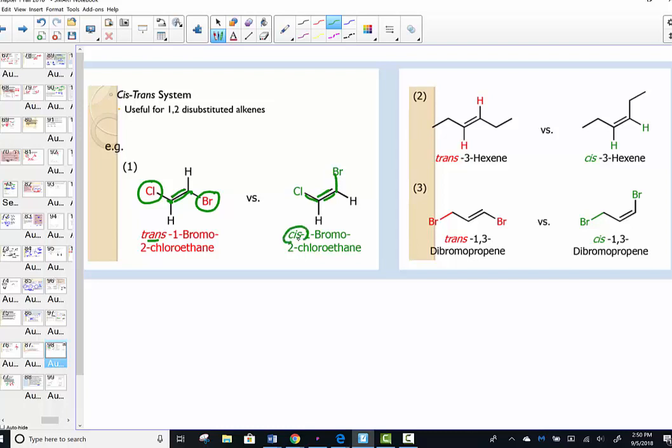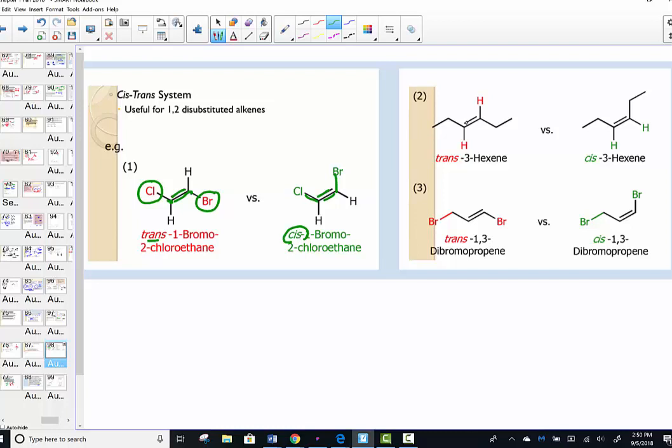They have very different physical properties in terms of boiling points, melting points. So the molecular geometry really does matter. We need to know that to predict how a molecule will react with a specific reagent.